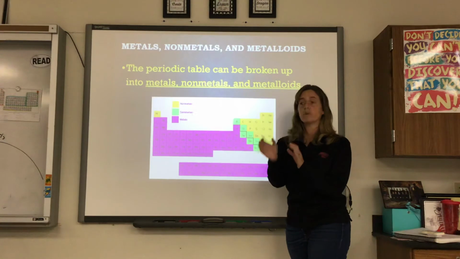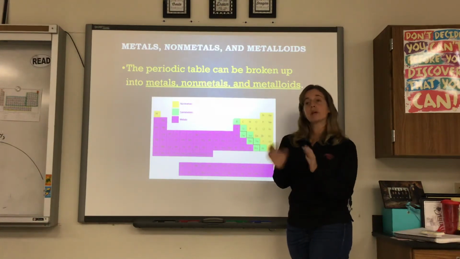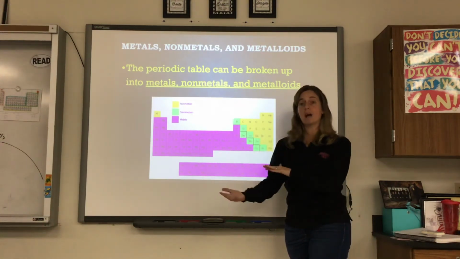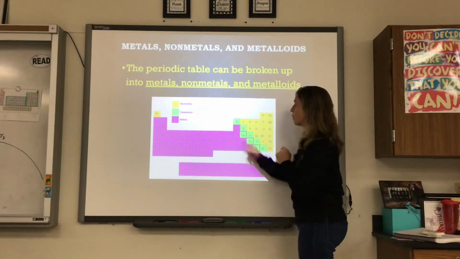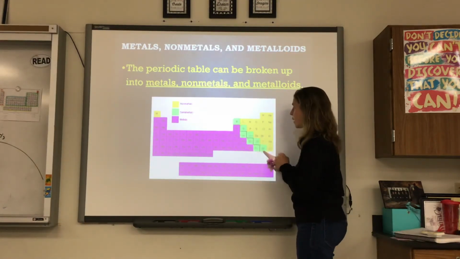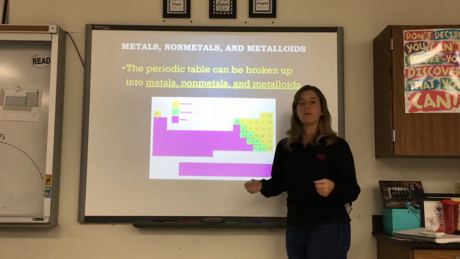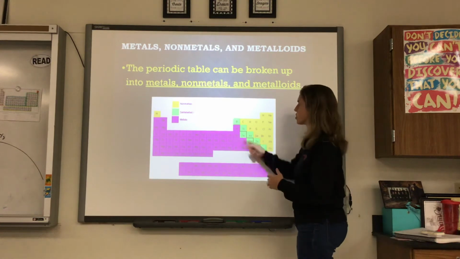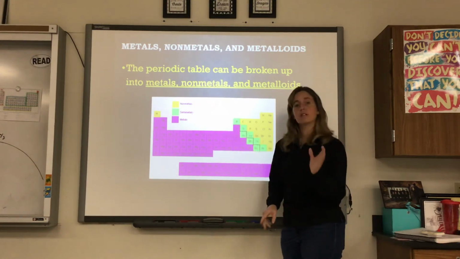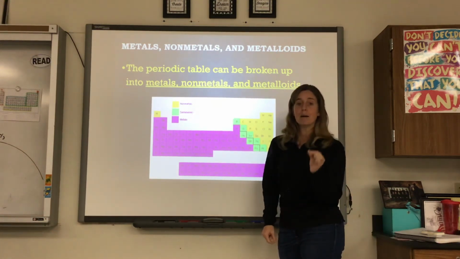These are called metalloids, or semi-metals. They have characteristics of both metals and nonmetals, okay? The only one that touches this line that is not a metalloid is aluminum. And we all know aluminum is a metal, okay? So just understand this is an exception that is touching the line, but it's not a metalloid.